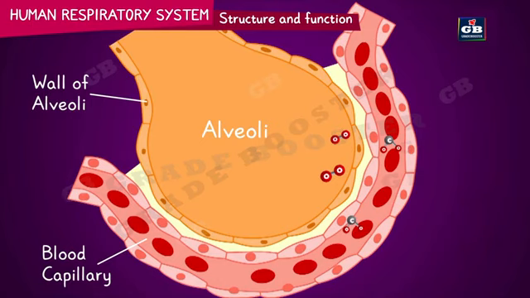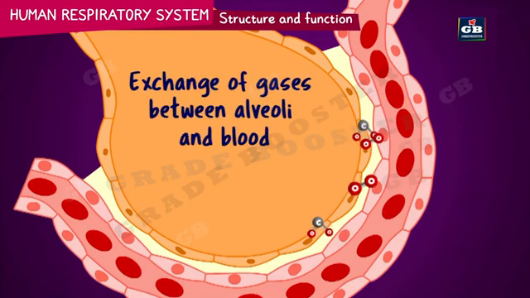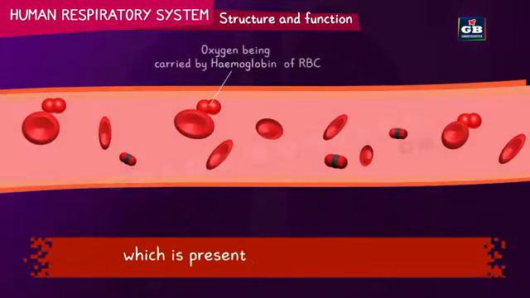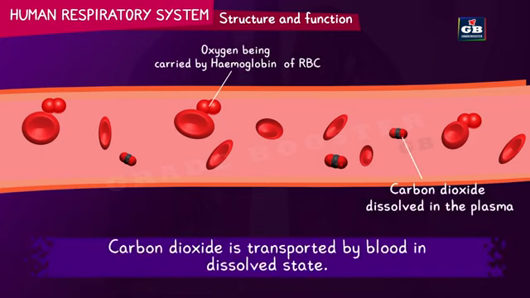Due to this difference in concentration, the exchange of gases takes place between the blood and the alveoli. The oxygen that is collected into the blood is transported by a pigment called hemoglobin, which is present in the RBC of blood. Carbon dioxide is transported by blood in a dissolved state.